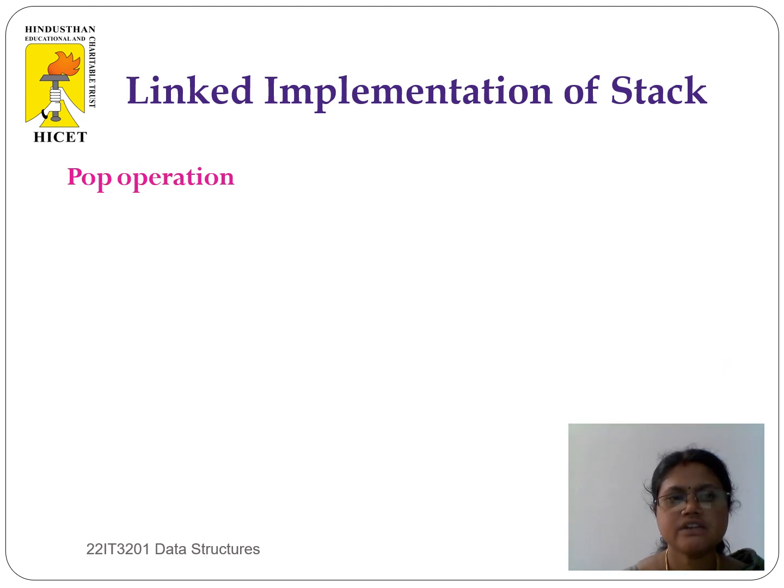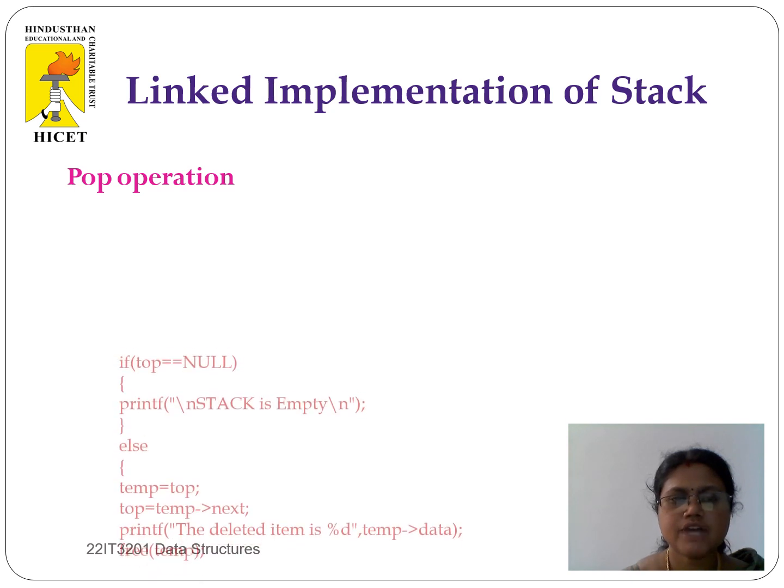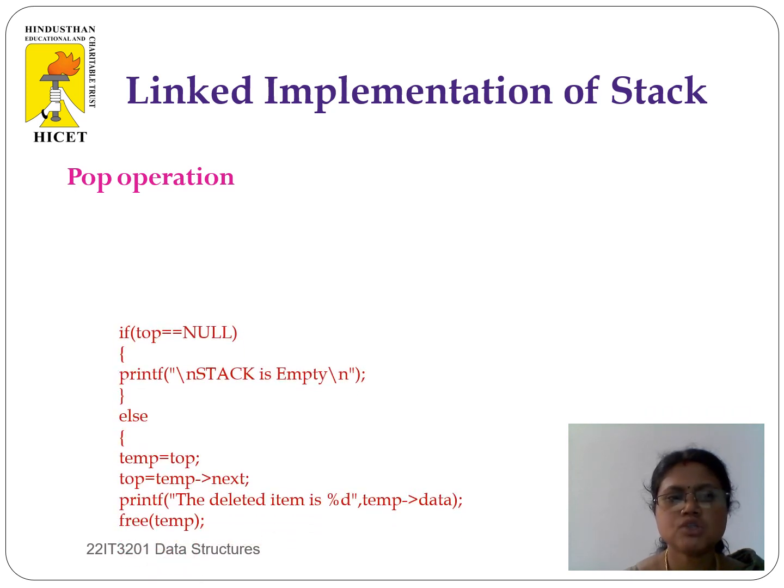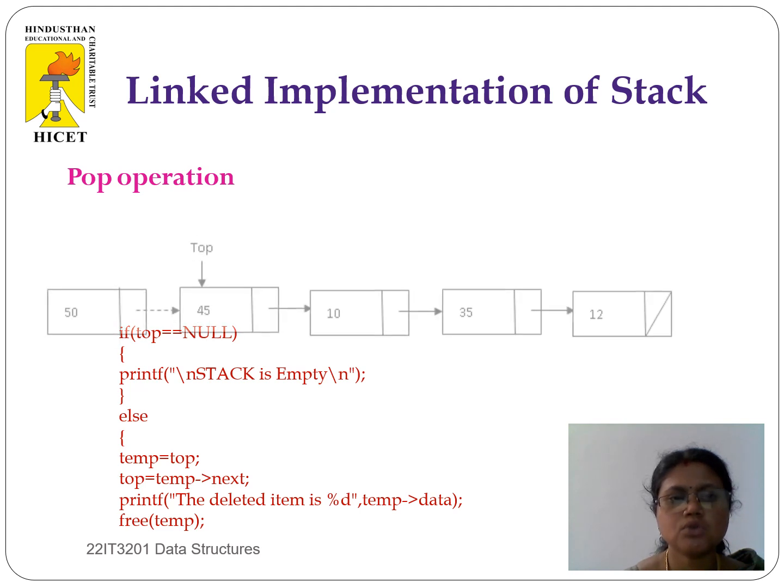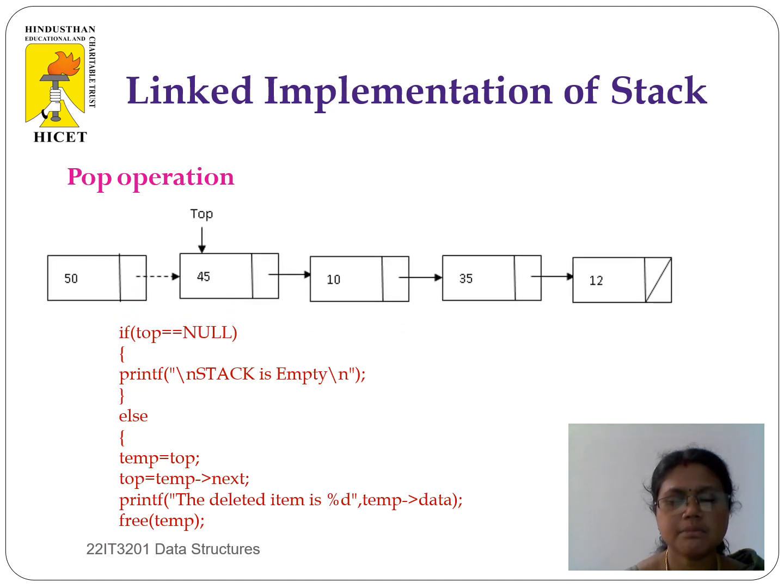Pop operation in linked implementation of stack. Pop operation is very simple here. The first thing we have to check is whether we have any elements to delete. So check whether top is equal to null. If the top is null, it means that the stack is empty. If the top is not null, we make another pointer called temp point to the element pointed to by top.